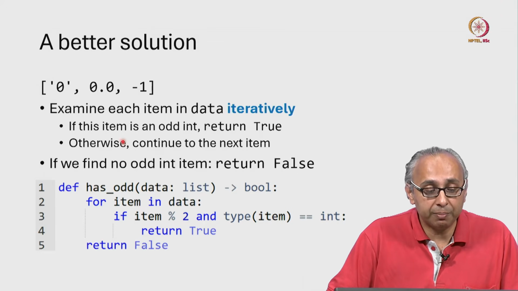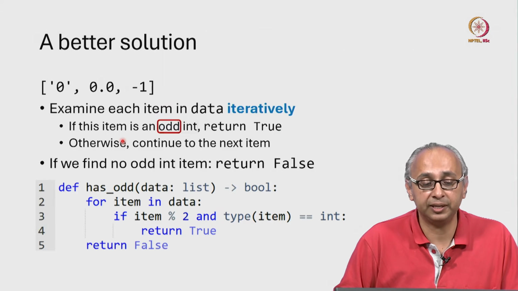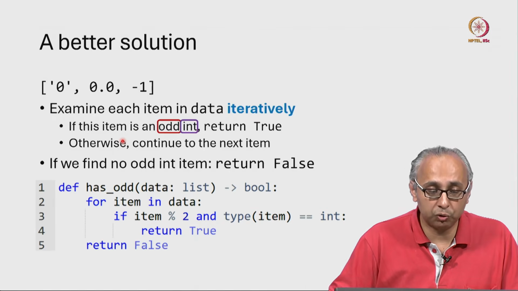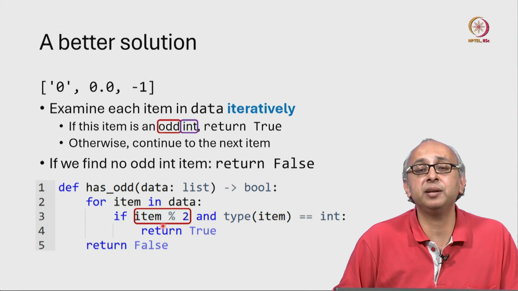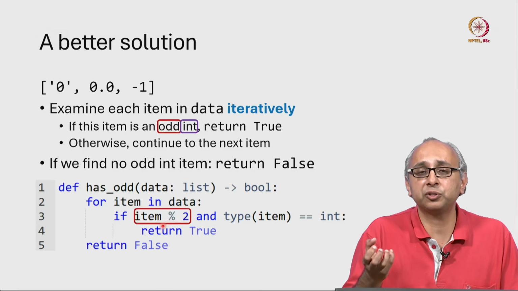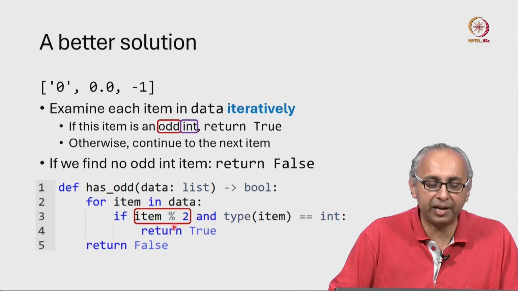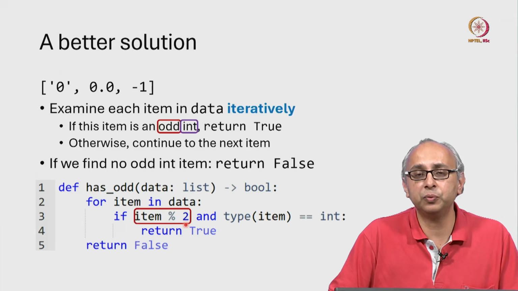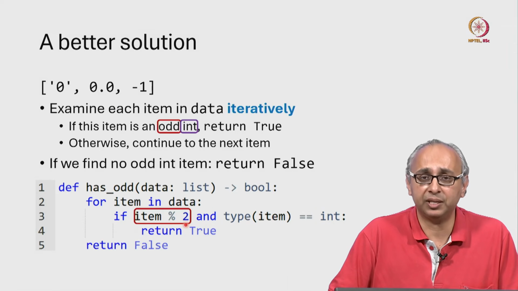Now, remember, we were supposed to check if the item was an odd integer. And so how do we check for oddness? Well, we calculate the remainder mod 2 and we check to see if that is a non-zero value. As we have seen, we can just simply calculate the remainder mod 2, and if that is a non-zero value, that would mean it's odd.